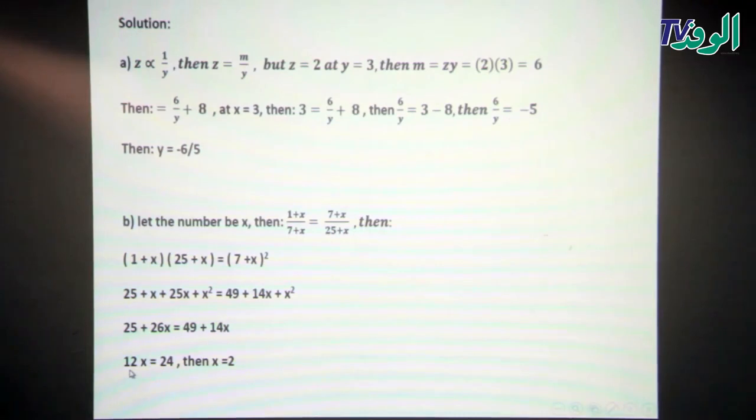Then x equals 24 divided by 12, so x equals 2.